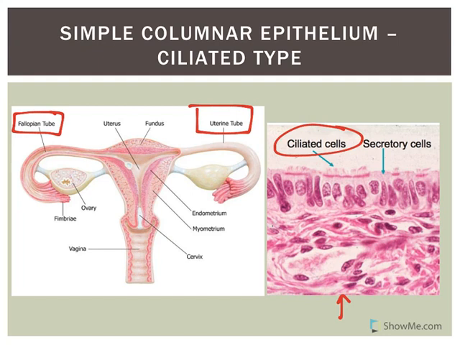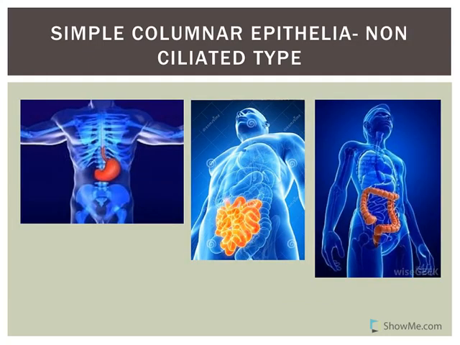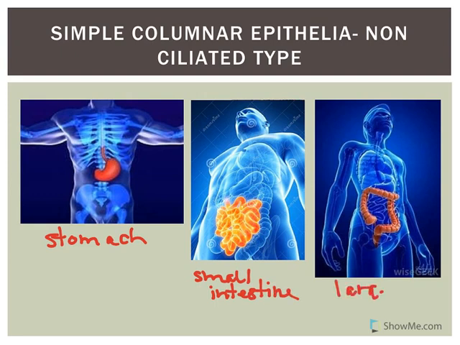The non-ciliated type of simple columnar epithelium we're going to find in parts of our digestive tract, specifically your stomach, your small intestine, and your large intestine. You also see this in the gallbladder too, but you don't have to write that down. Now for this type, we definitely think of digestive tract absorption of, say, nutrients, and secretion of mucus or digestive enzymes, things like that.